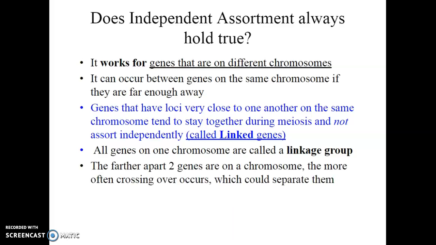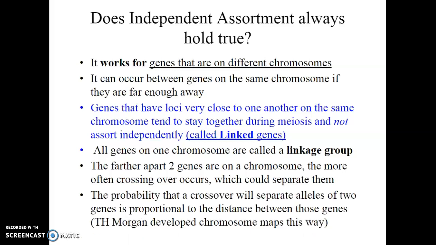The farther apart two genes are on a chromosome, the more often crossing over occurs, which could separate them more or less independently from one another. So the probability that a crossover will separate alleles of two genes is proportional to the distance between those genes.